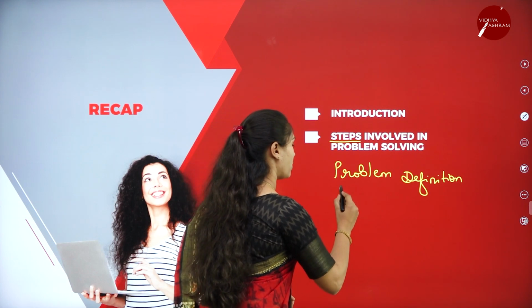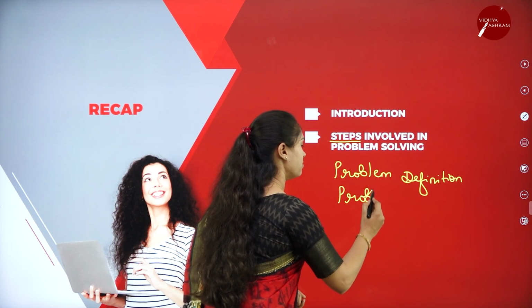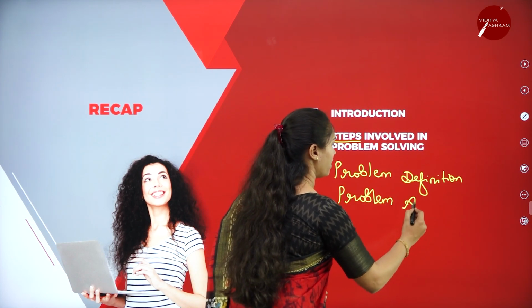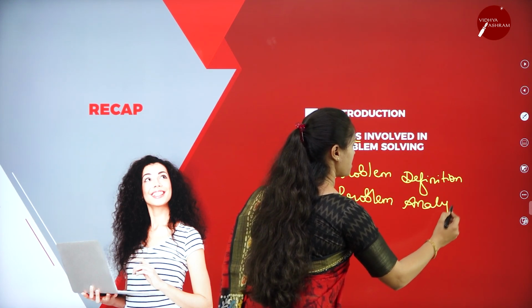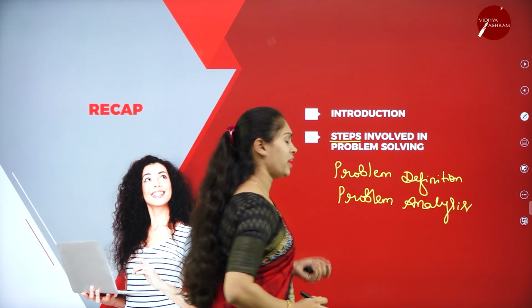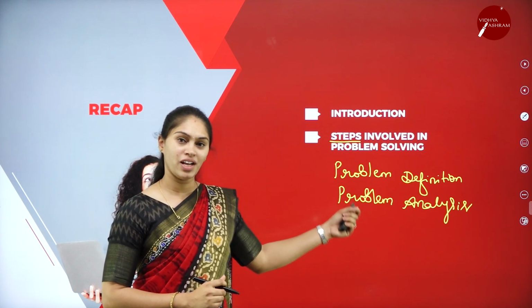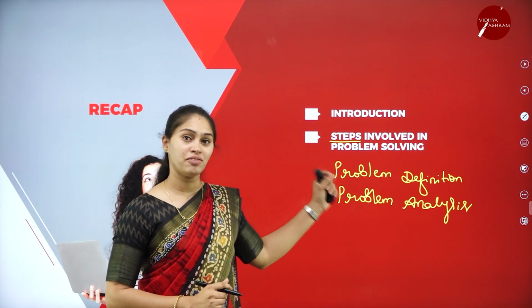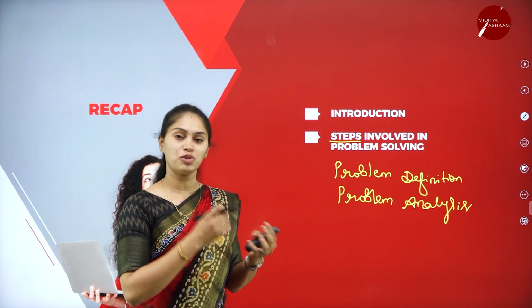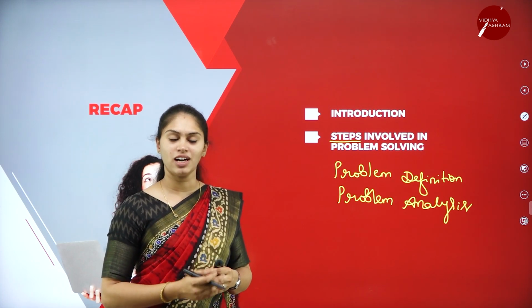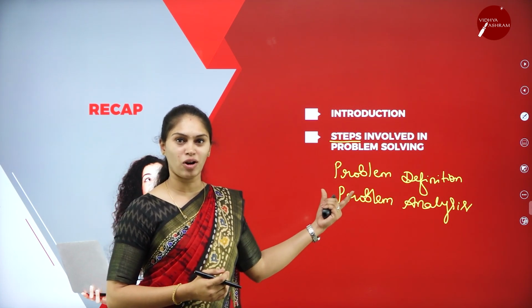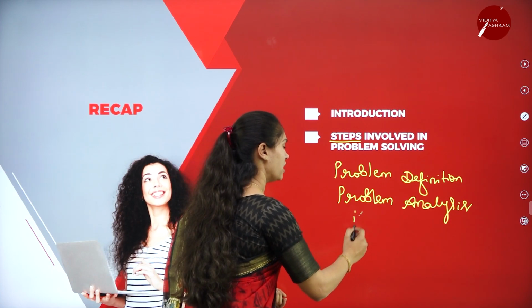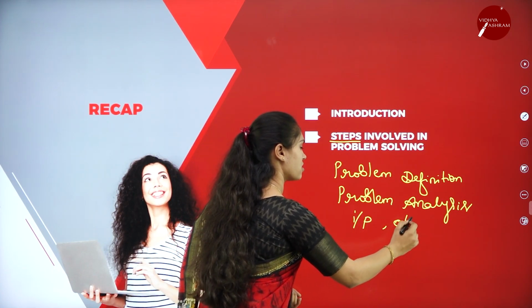So which is the next one? That is problem analysis. Problem analysis is the second stage of problem solving. When it comes to the analysis, we need to understand the problem and we have to analyze the problem thoroughly. How are we going to analyze this problem? That means with the help of input and output.